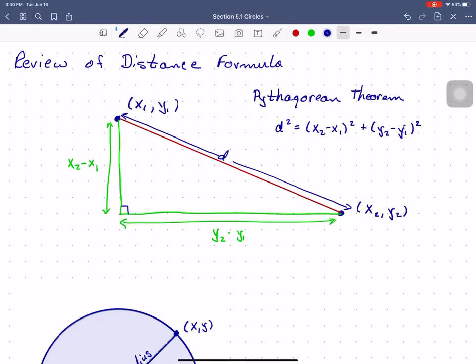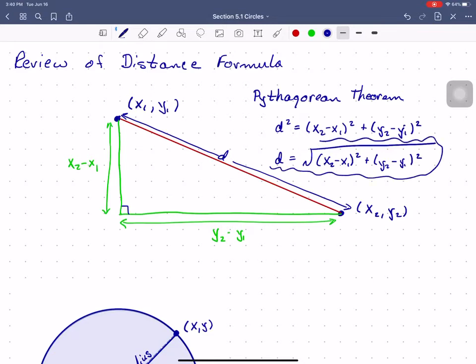And that's one form of the distance formula. We're used to seeing it written as d equals the square root of (x2 minus x1) squared plus (y2 minus y1) squared. And this then is the distance formula.